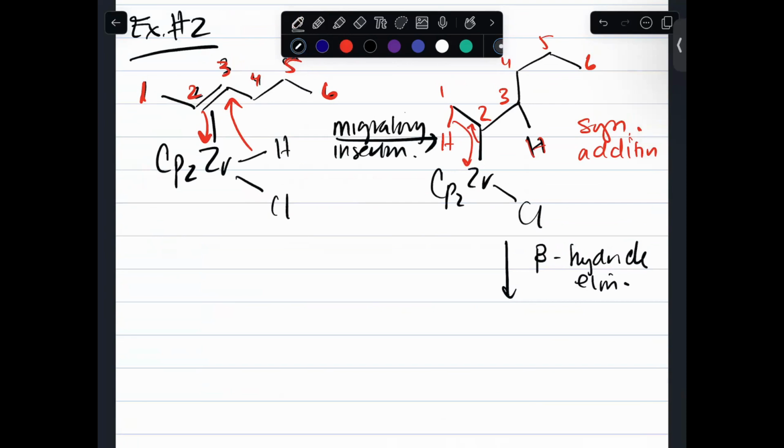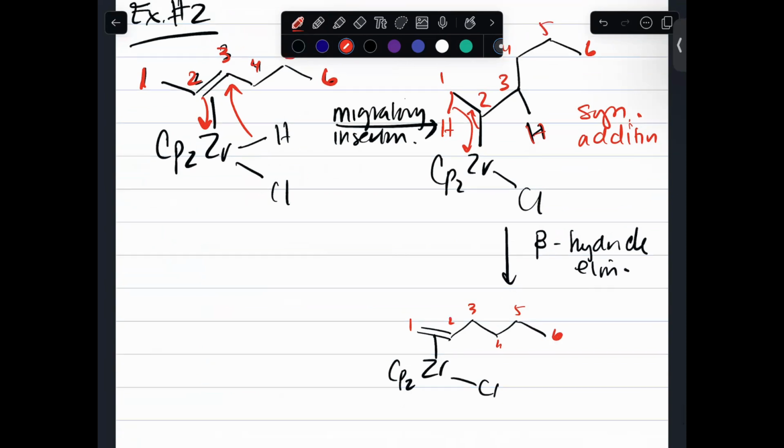So now I can do my beta hydride elimination. There's my beta hydride elimination, plus, of course, the hydrogen that I formed.